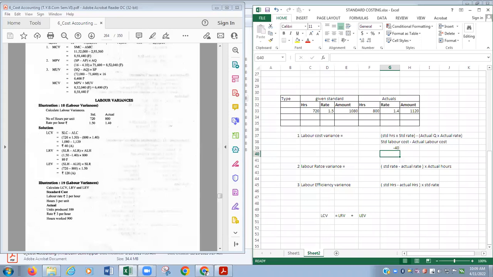It is 40. So I have spent 40 rupees more, so we'll call it 40 adverse. Very simple. The formula for labor cost variance is standard hours into standard rate minus actual hours into actual rate.